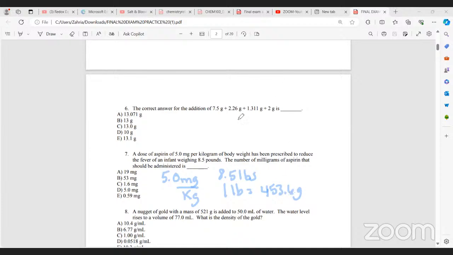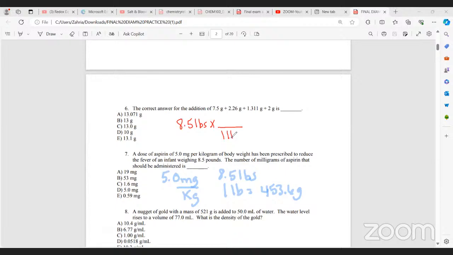Now, once you do that, I'm going to go up here at the very top and rewrite this problem. I'm going to start with the number that they gave me, which is the 8.5 pounds. So we've got 8.5 pounds times, what we first need to do is convert that to grams.